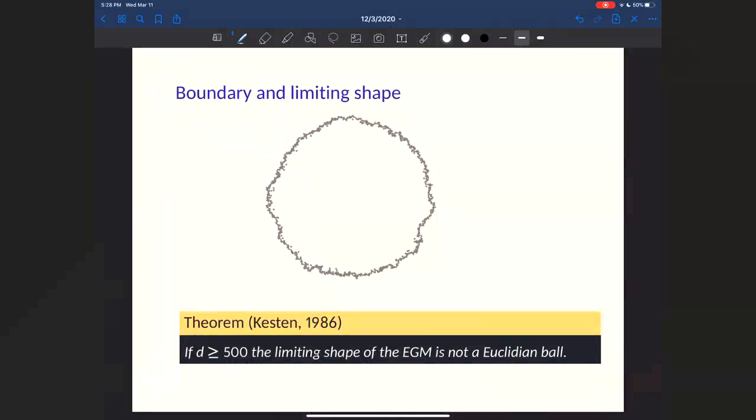So in 1986, Kesten proved that for dimensions greater than or equal to 500, the limiting shape of the Eden growth model is not a Euclidean ball. So that is a little bit beyond my imagination, 500.